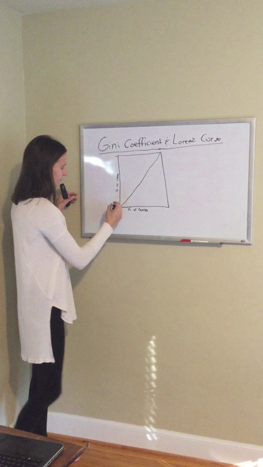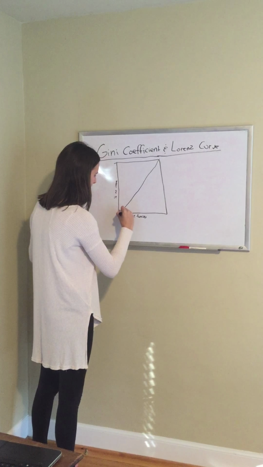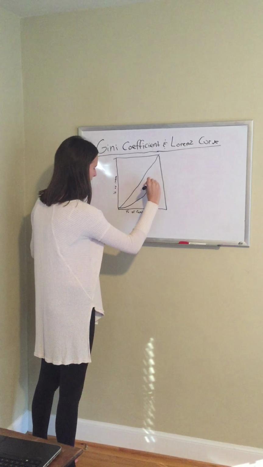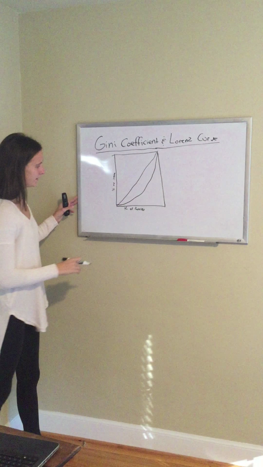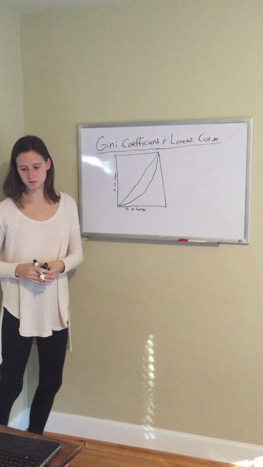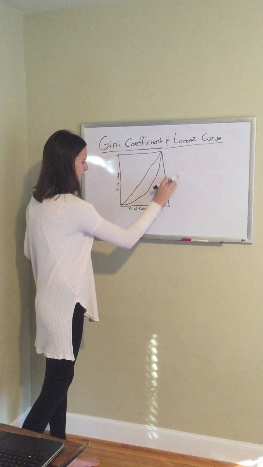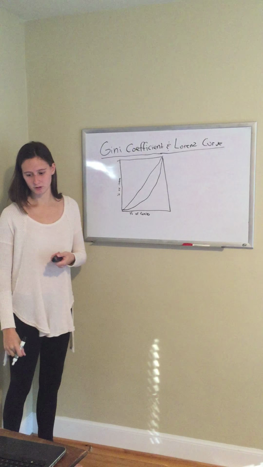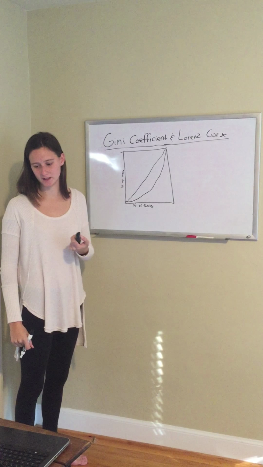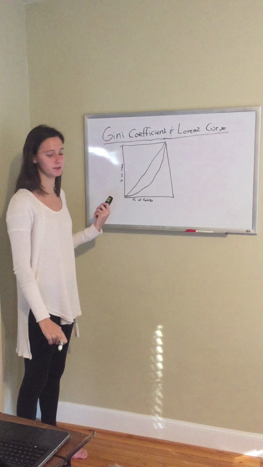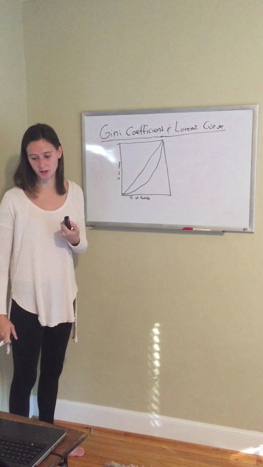So the Lorenz curve is going to be below this line of equality, and this right here represents inequality. Lorenz curves can be used to compare income distributions and assess the relative degree of income inequality.